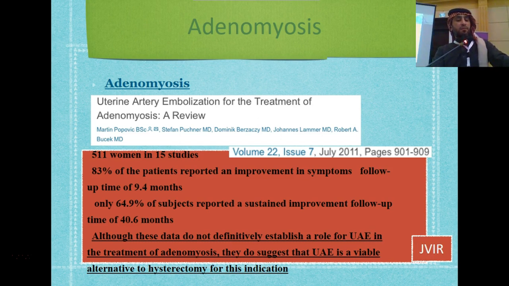But I think we need to do more and more studies. It's a concept that's in the market, and it's an option offered to the patient, especially since we know that the definitive treatment for adenomyosis is a hysterectomy. But if the patient is still symptomatic, failed medication, and wants to keep her uterus, this is another concept that we can offer.